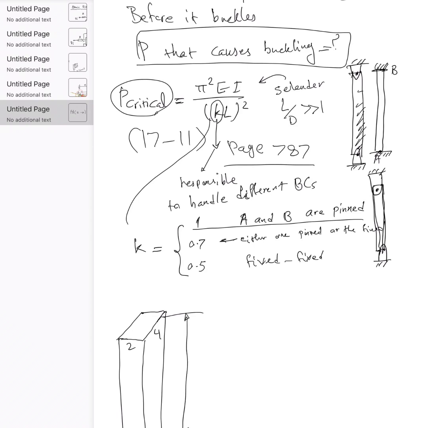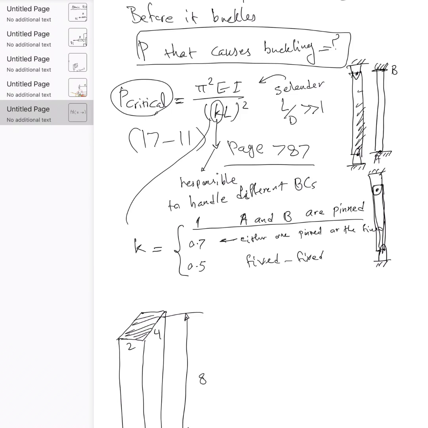I do not have much charge in my iPad, it's 7%. Hopefully I don't run out of charge, so I will try to quickly finish this example.